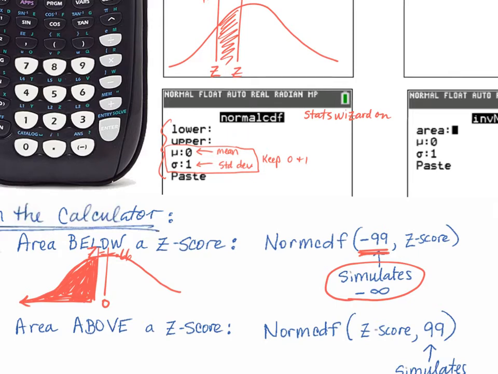If you do not have that programmed in, and you are going below a z-score, then you're going to go from negative 99 up to that upper z-score, which is, in this case on your problem number 1, negative 0.66. So I want you to put that into your calculator, and you'll hit enter and paste until you get your answer.